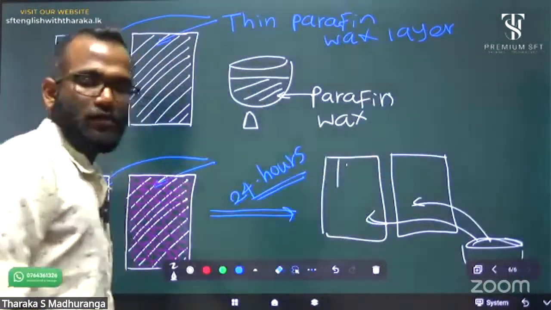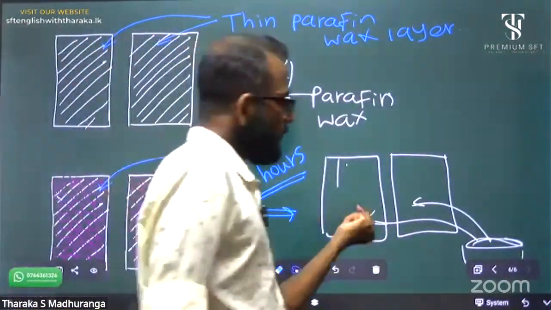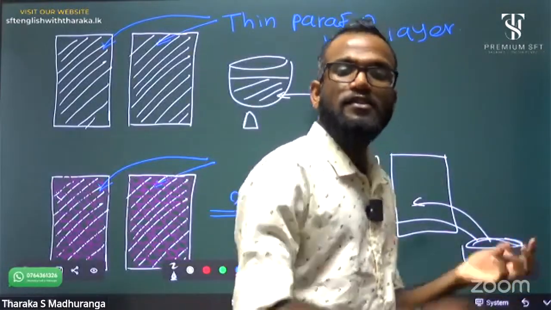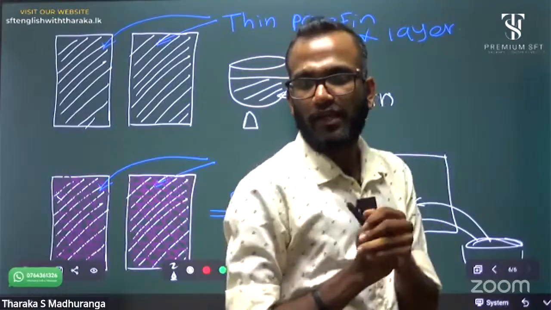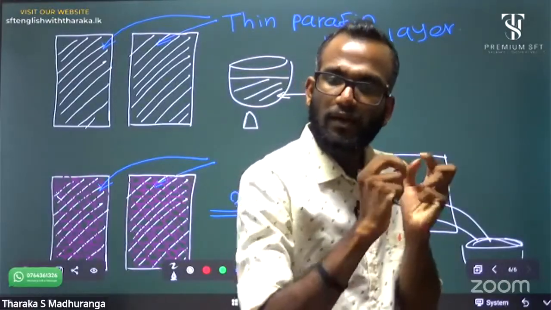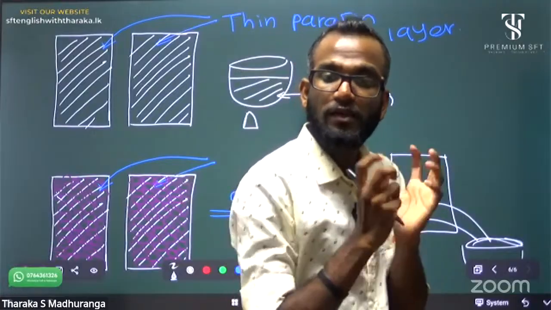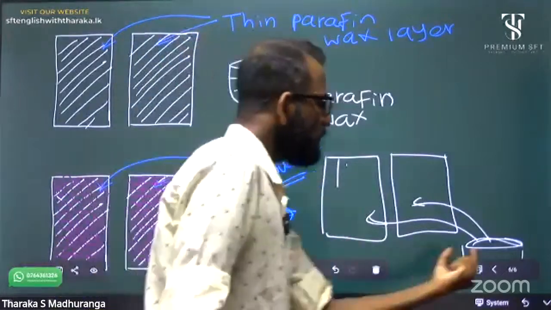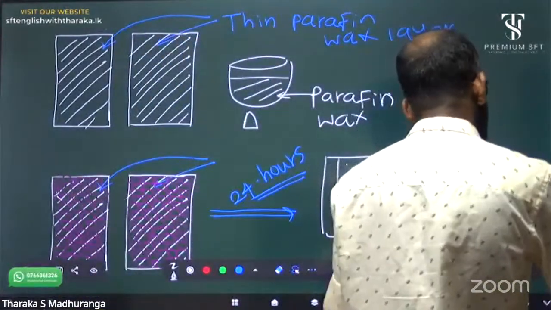If we collect this wax into another container, this wax contains the secondary compounds and other impurities, all compounds go to the wax, right? Now this is a wax with compounds.